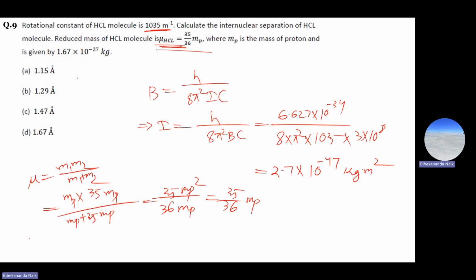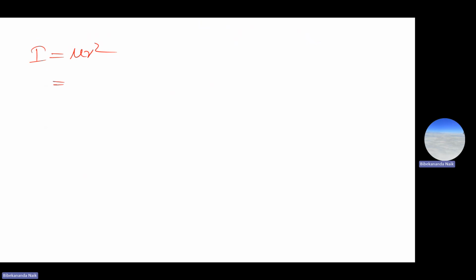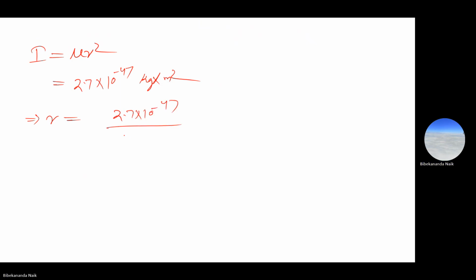So I is nothing but mu r square. And this value of I we found out to be 2.7 into 10 to the power minus 47 kg meter square. Then r will be how much? 2.7 into 10 to the power minus 47 divided by mu. Then mu is 35 by 36 into mass of proton.